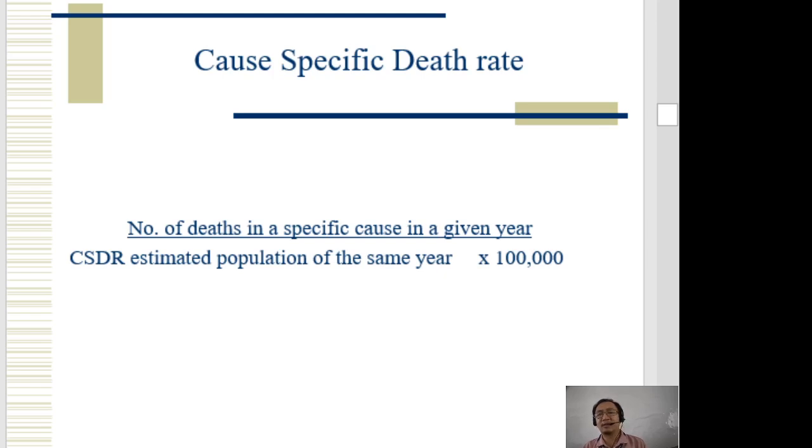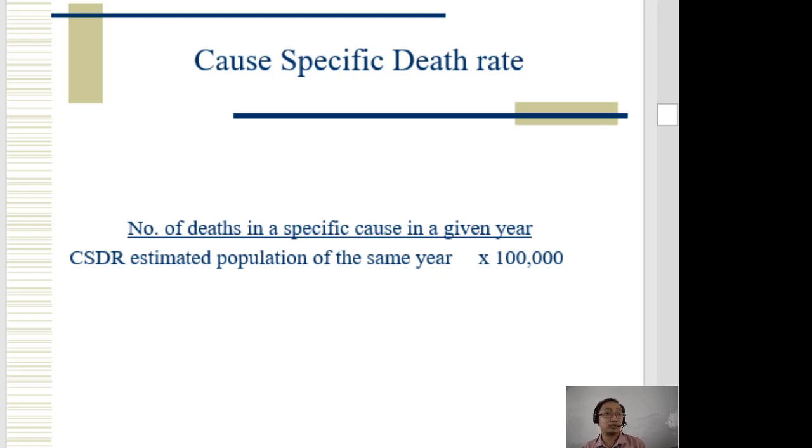Okay, so what are the factors affecting cause specific death rate? One is the completeness or even accuracy of death registration. The more accurate the registration is, the more accurate the cause specific death rate is. Then composition of the population and even the accuracy of cause.